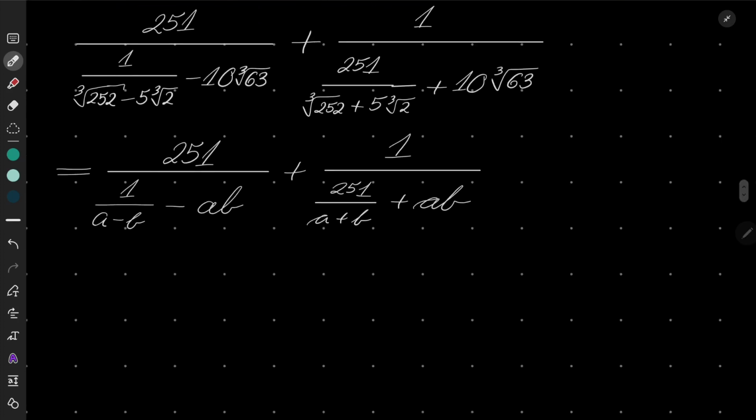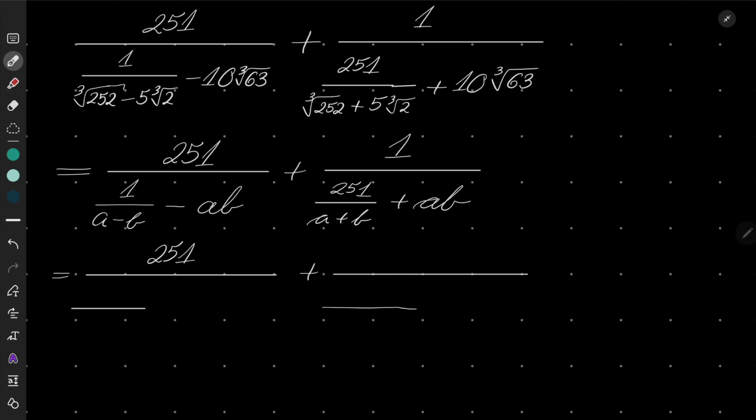And now let's do the following trick, you can say. I will take these fractions in the denominator and I will do the following. In the first fraction, I will multiply the numerator and the denominator by a squared plus ab plus b squared.